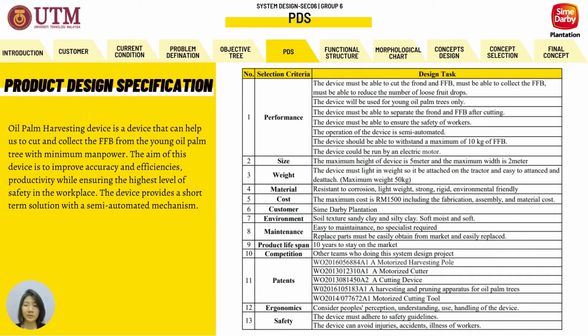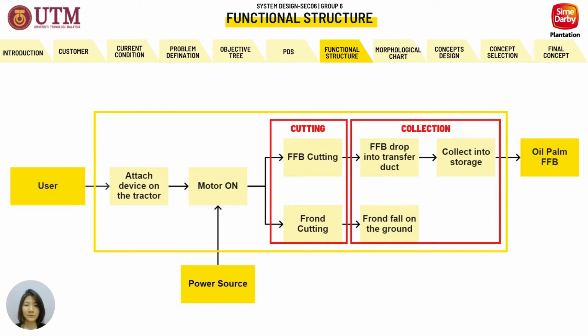The selection criteria of our device include performance, size, weight, material, cost, customer, environment, maintenance, product lifespan, competition, patents, ergonomics, and safety. In the functional structure, input is the action of the user and the output is to cut and auto-collect the FFB.